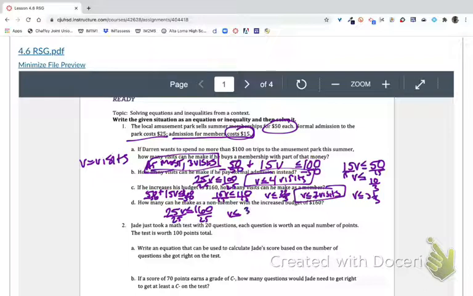So we have 32/5, which means that it is 6 2/5. So v is less than or equal to 6 visits, really, because you can't go in a partial amount of visits.